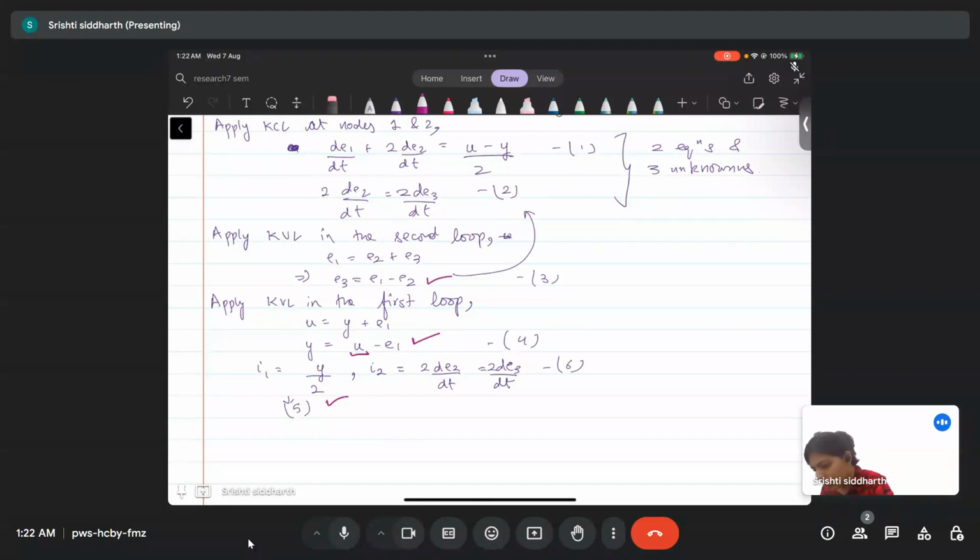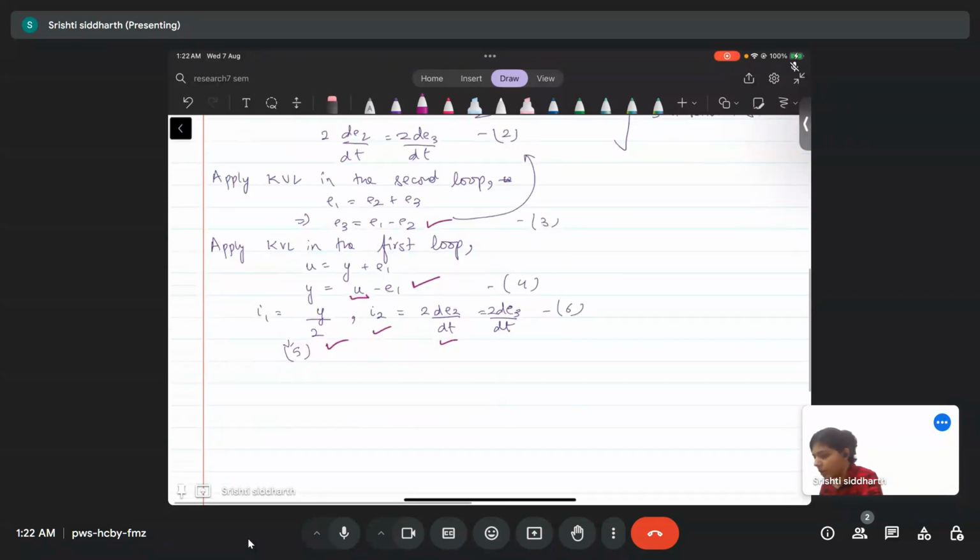And if we know E2, then we know I2. So this implies that the set of these two voltages is the minimal set which represents the system completely.